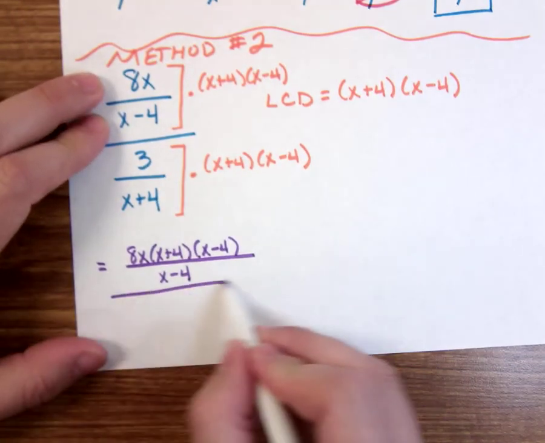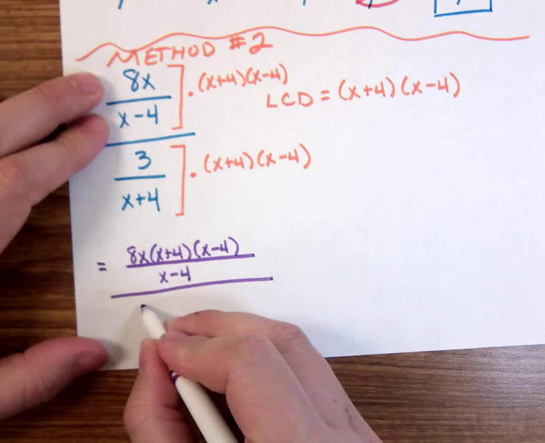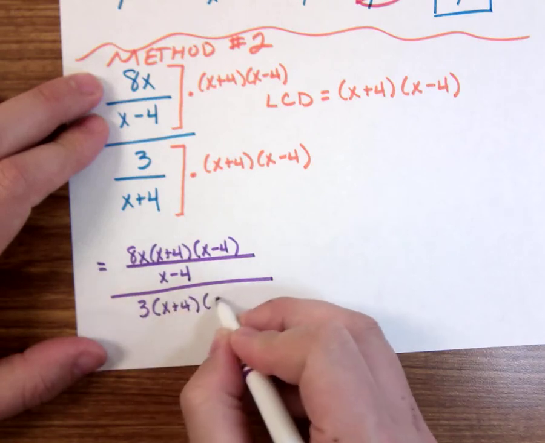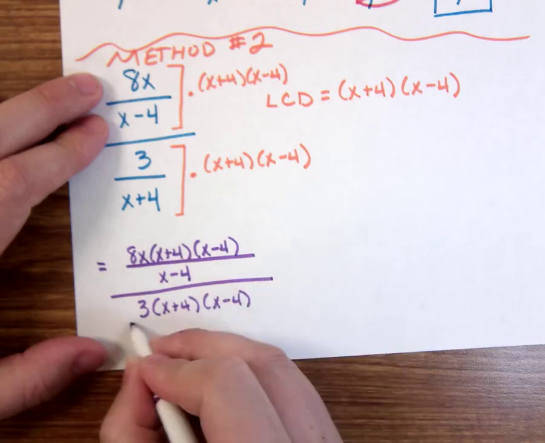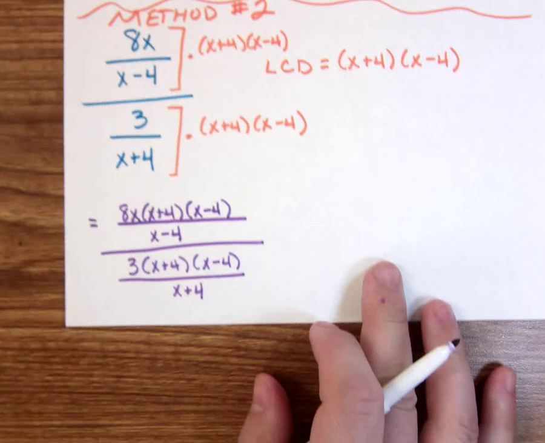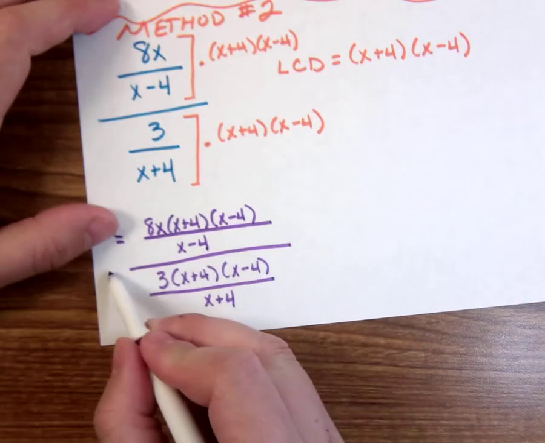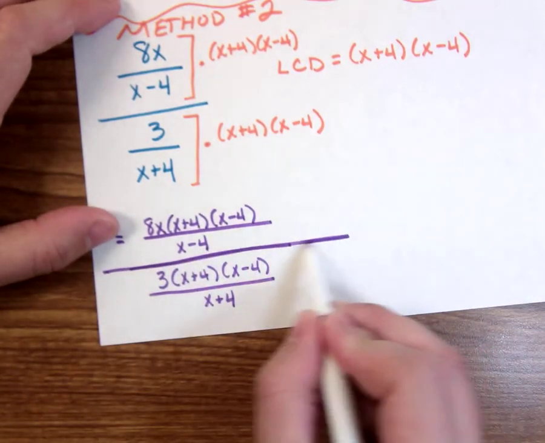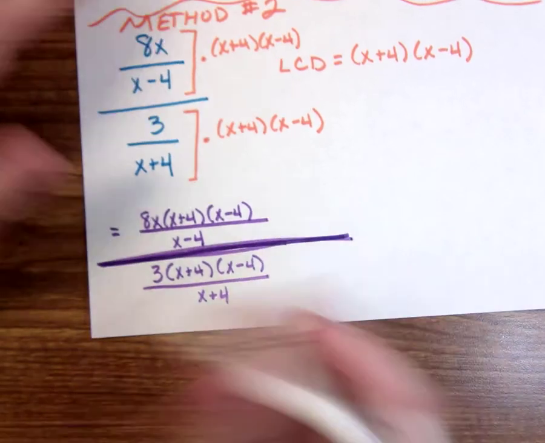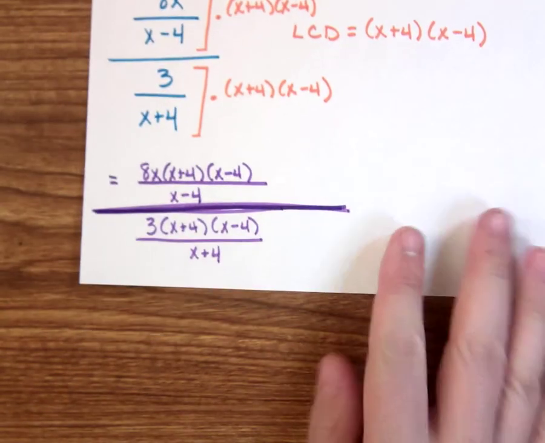And on the bottom, I will have 3 x plus 4, x minus 4 over x plus 4. Now I'm going to really exaggerate the fraction line in between them so you can clearly see which one's the top and which one's the bottom. You have a really exaggerated fraction line there.